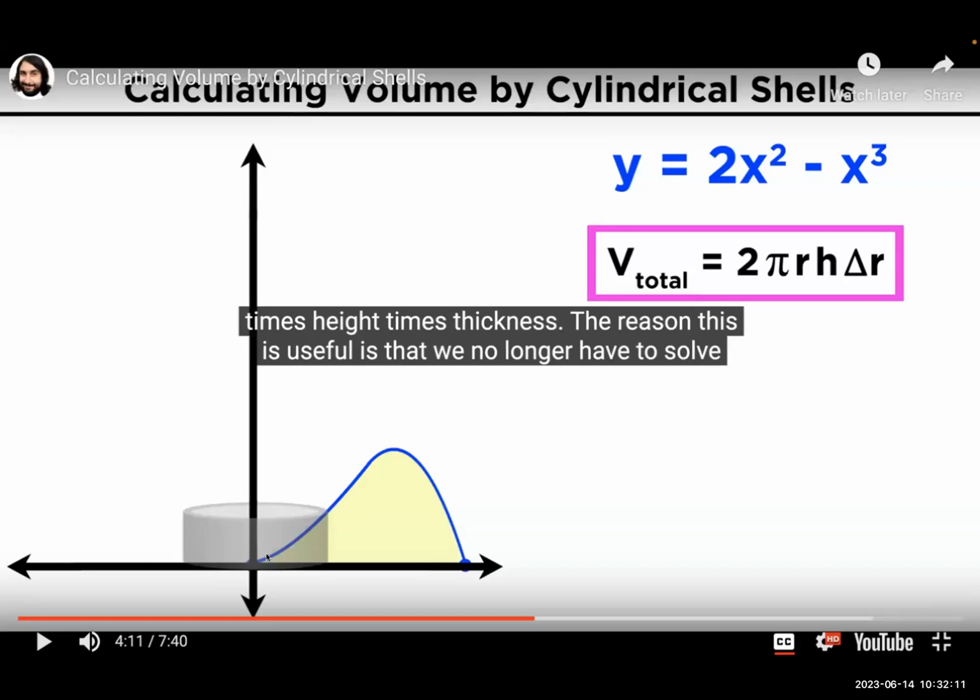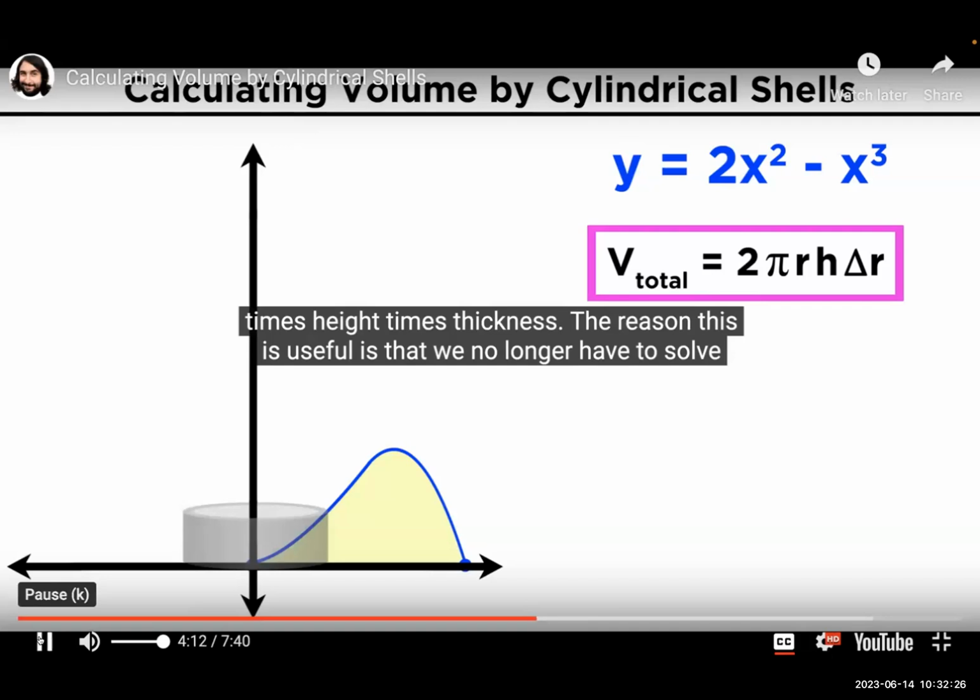Because again, the two ends of the graph are coming from the same function, you will add up the thickness of all these cylinders together to get the volume of the revolution.